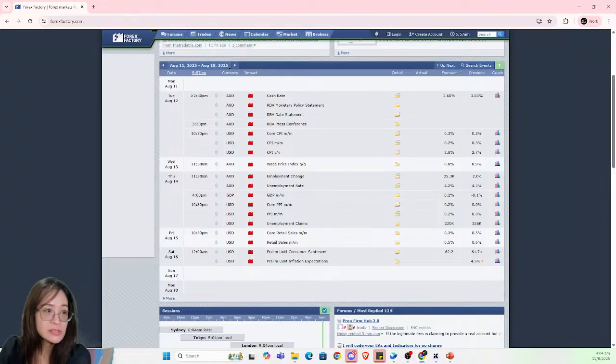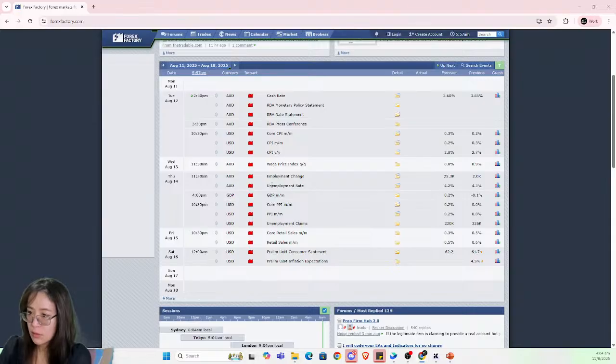And August 13, 11:30, we have Aussie. And August 14 as well, we have Aussie dollar at 11:30 a.m. in the morning: employment change and unemployment change.